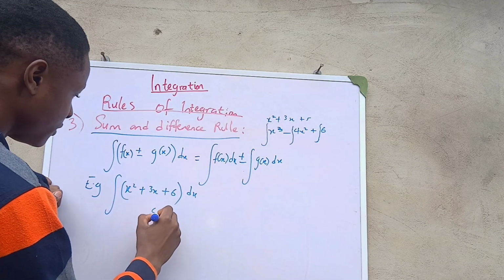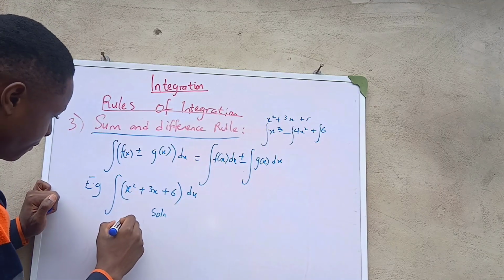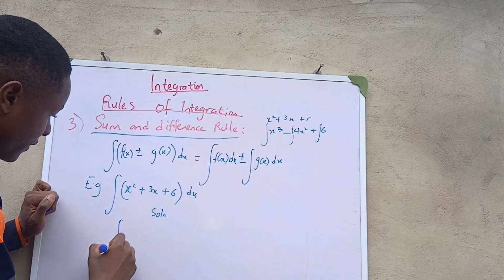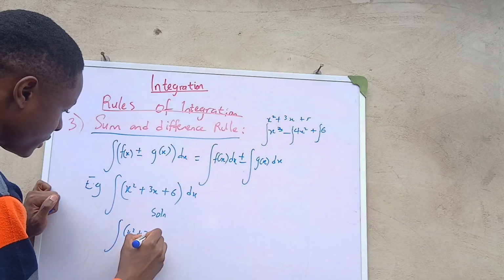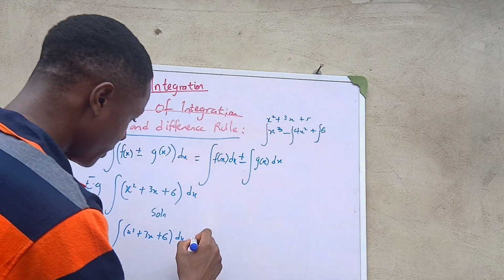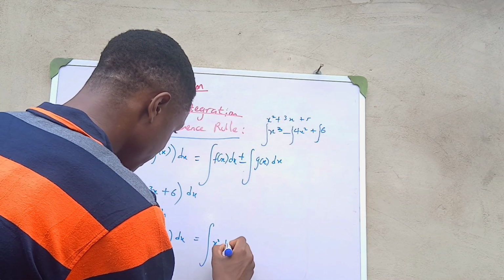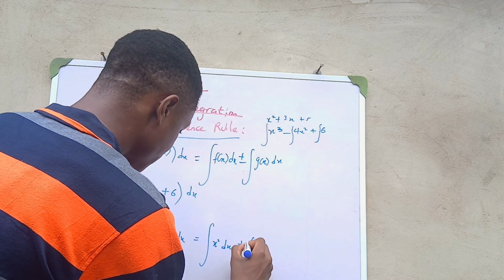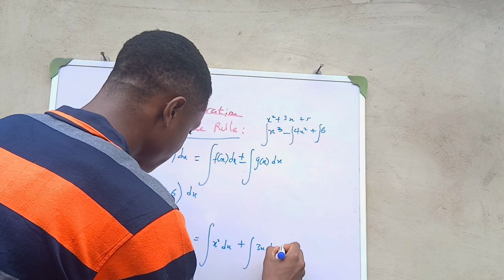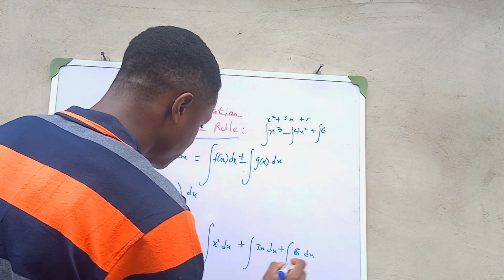So for us to integrate this, we have the integral of x squared plus 3x plus 6 dx. So we have the integral of x squared dx plus the integral of 3x dx plus the integral of 6 dx.